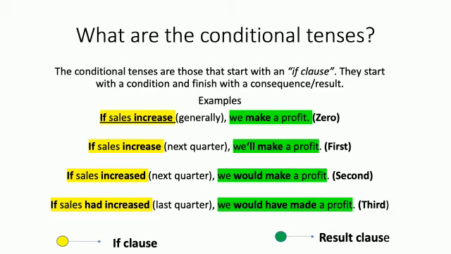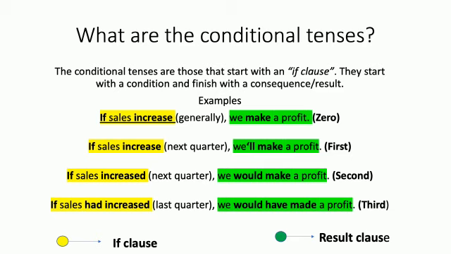What are the conditional tenses? Of course, we say conditional tenses because conditionals are all about tenses and how to conjugate verbs in both the if clause and the result clause. The conditional tenses are those that start with an if clause.